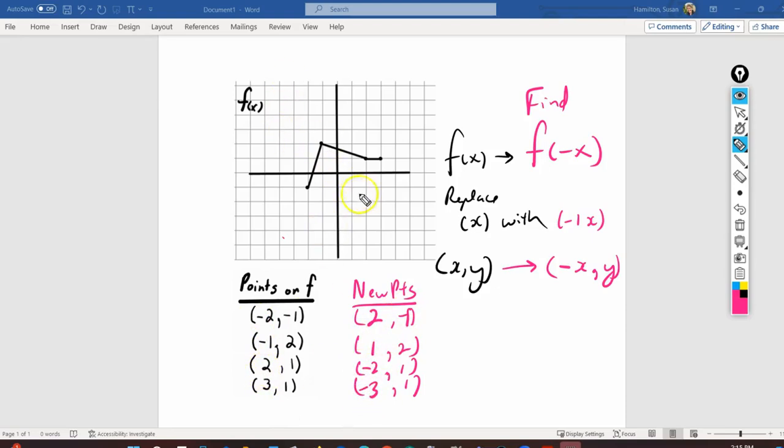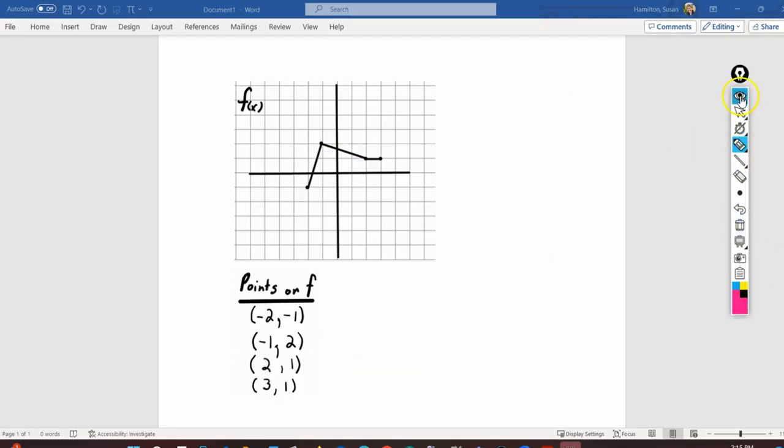So now I'm going to do 2, comma -1, then 1, comma 2, and I'm going to connect as I go. Then I'm going to have -2, comma 1, and -3, comma 1, and then connect. So what I've drawn there in red is f evaluated at -x.